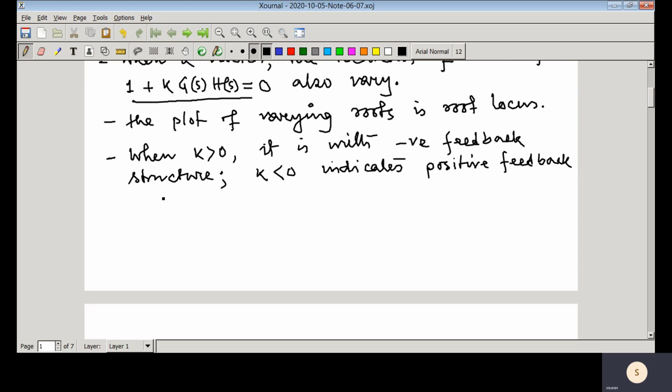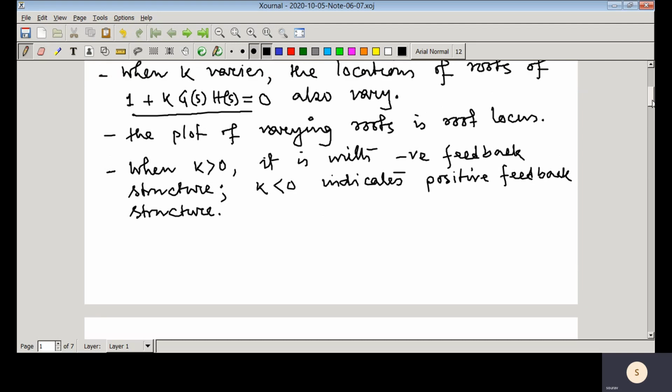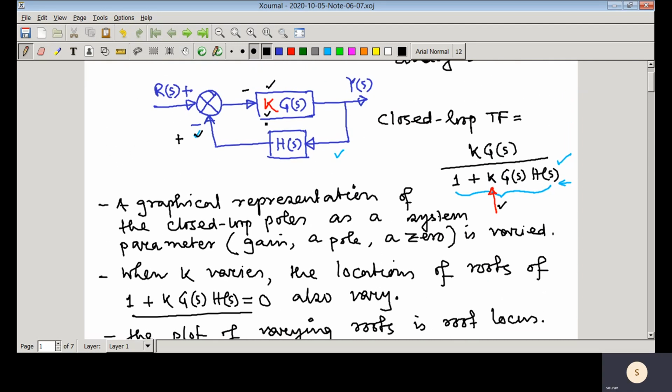Positive feedback structure. So here, if k is positive, then we can see that it is a negative feedback structure, because in that case the characteristic equation would be 1 plus k GsHs.